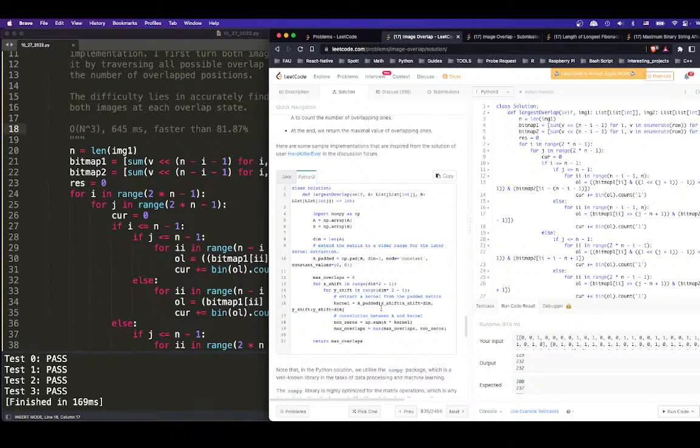Oh, you can sum. Is this the convolution?